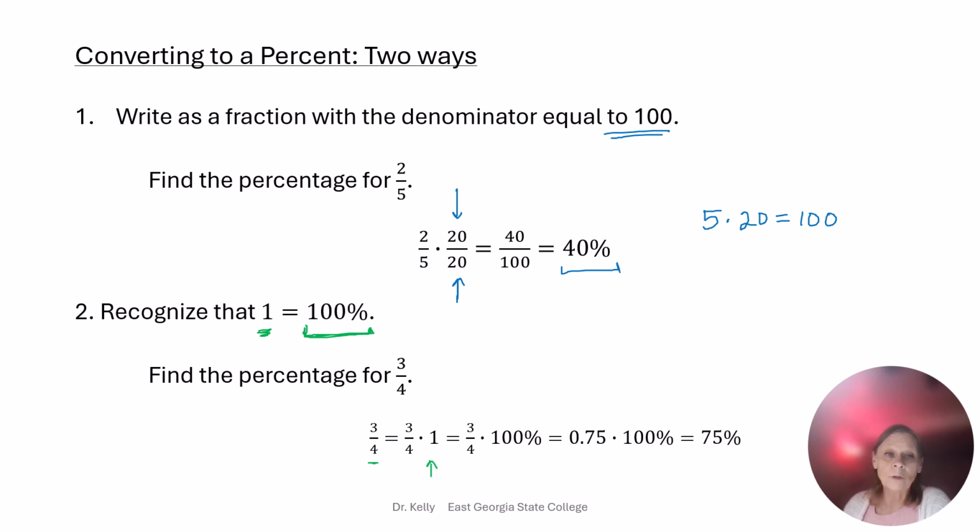And then we convert it to a percentage by basically multiplying it by 100 and dropping the percent sign down. So we have 75 hundredths times 100%. So we do the math with the 75 and the 100, and then we add the percent sign on.